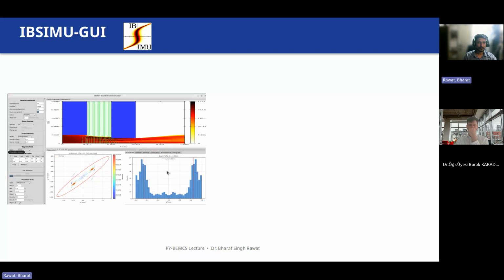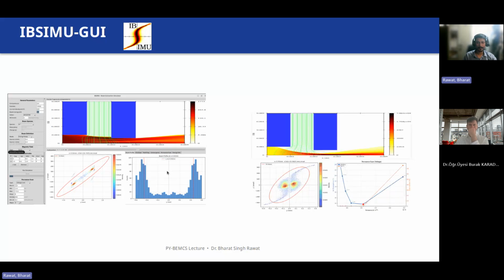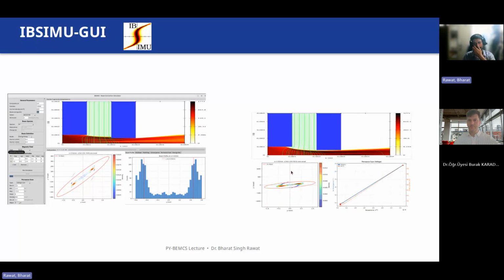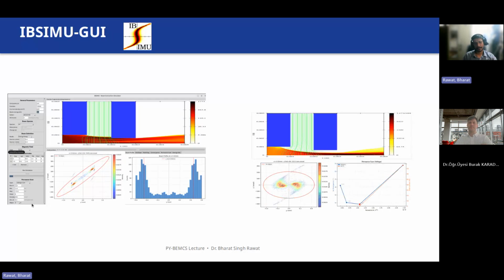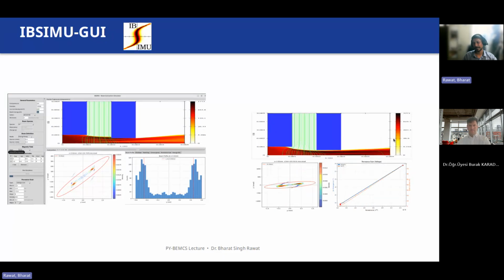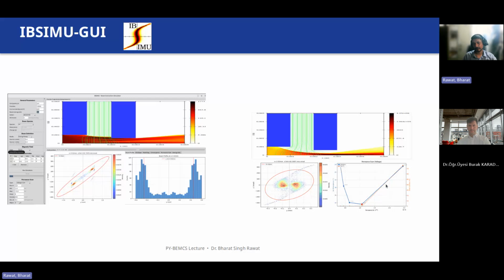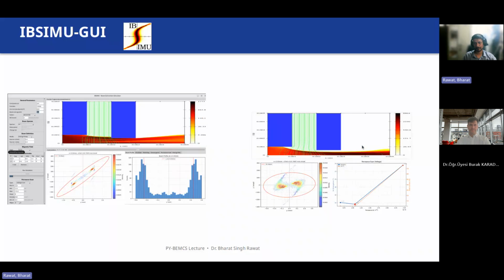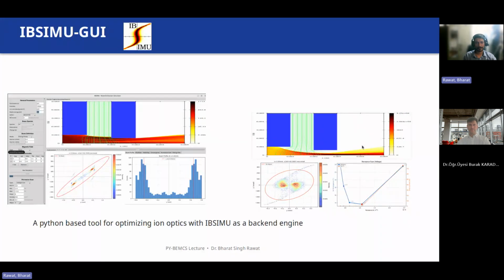But since IBSIMU is already very well benchmarked with other codes, I believe this is a very good tool to use. And here you can see there is an option to run a perveance scan, which would give you the emittance plot, the beam trajectories, the divergence versus perveance curve, and also the intercepted current on the accelerator grid for different parameters.